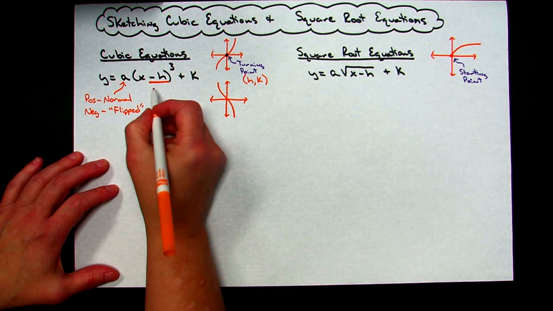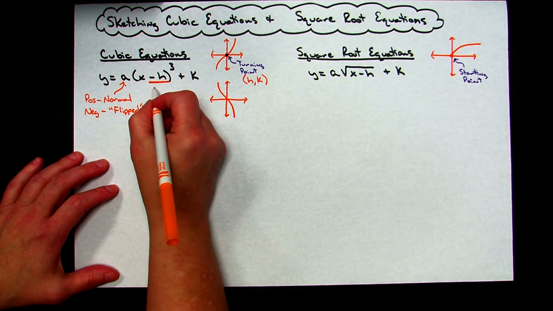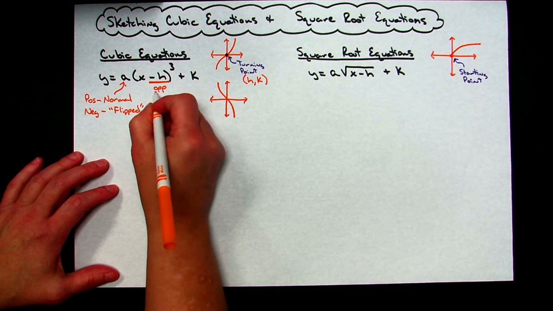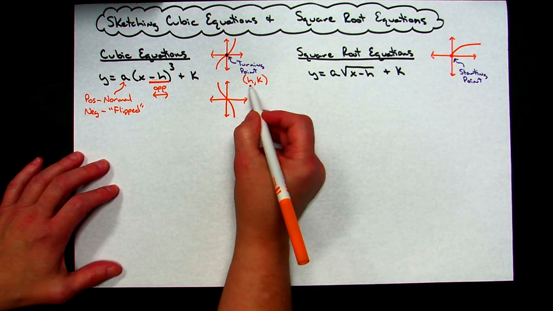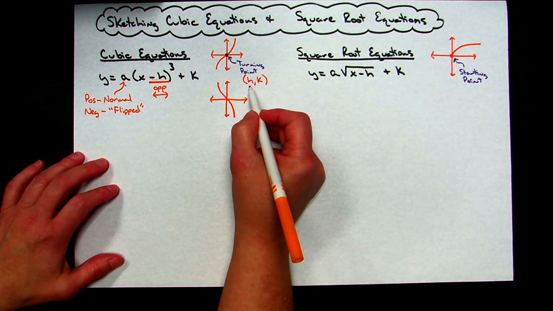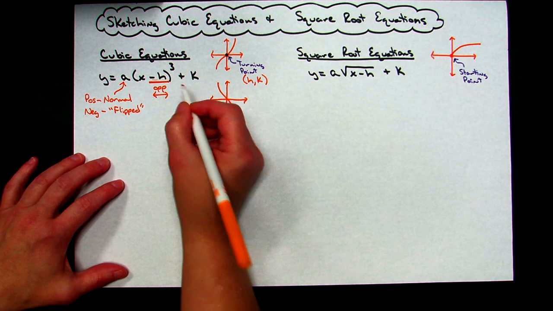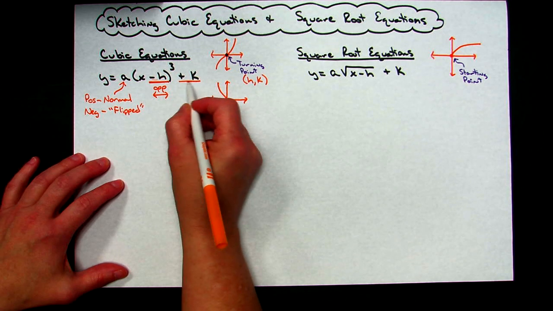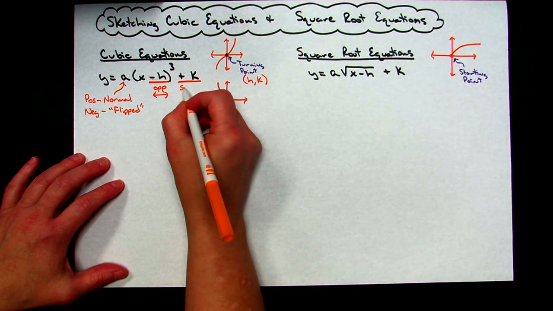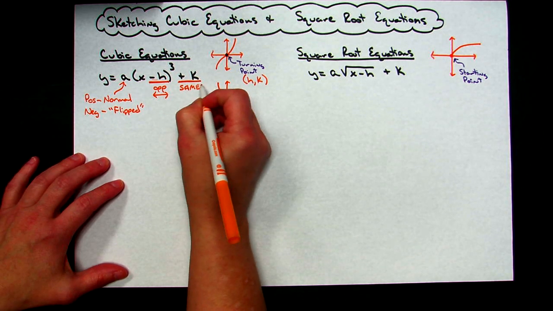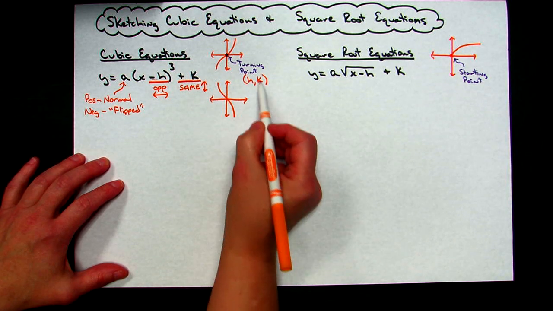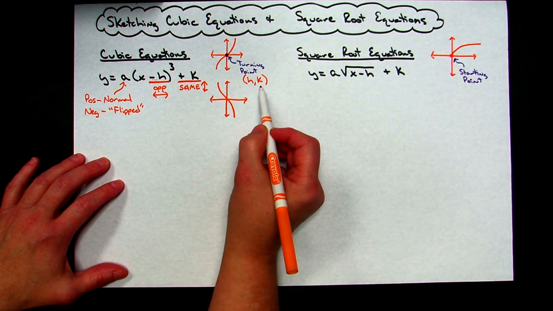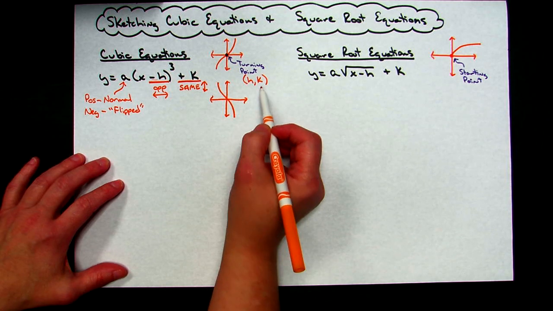This inside value is going to tell me how I am going to shift opposite, left or right, because when I pull out that h value, it becomes the x-coordinate of that turning point, and along the x-axis we shift left to right. This plus k value right here is going to tell me how I am going to shift, the same, up or down, because when I pull that k value out, it becomes the y-coordinate of that turning point, and along the y-axis we shift up or down.